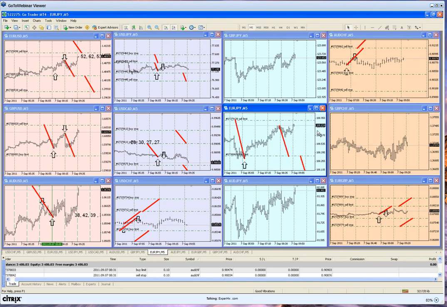Euro yen still looks like the most possible deal, but nothing happening really.